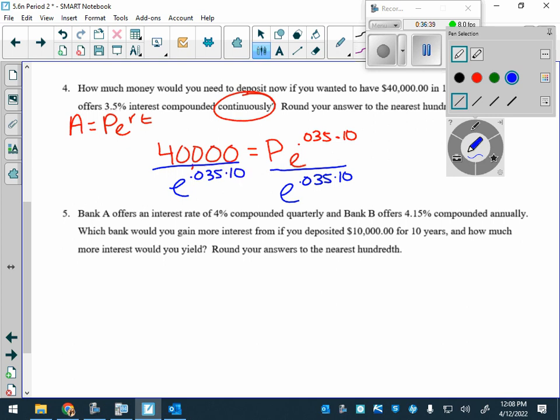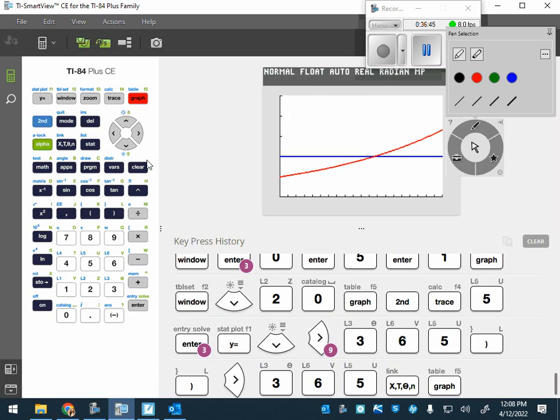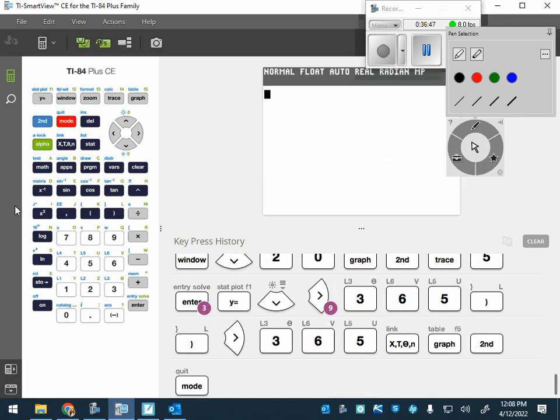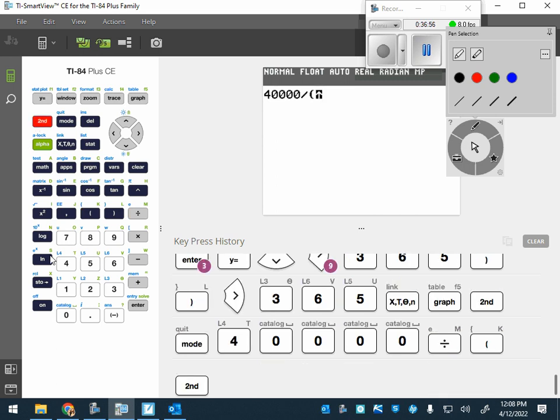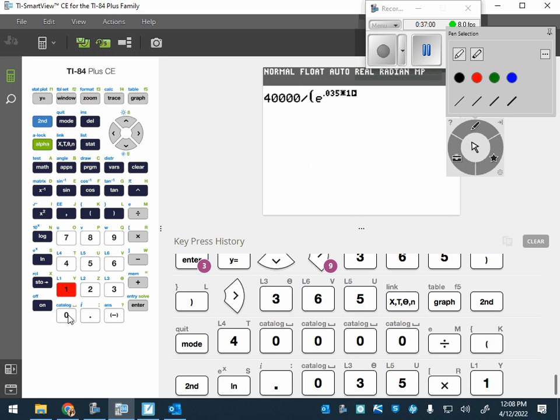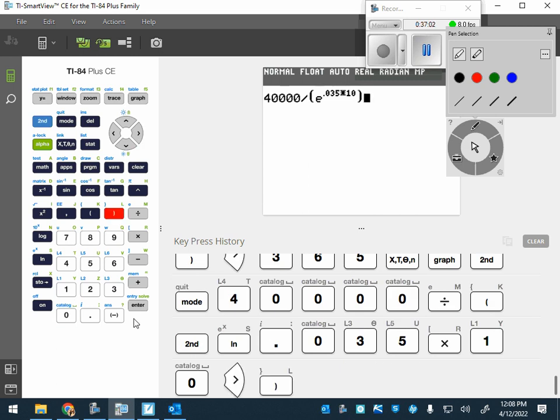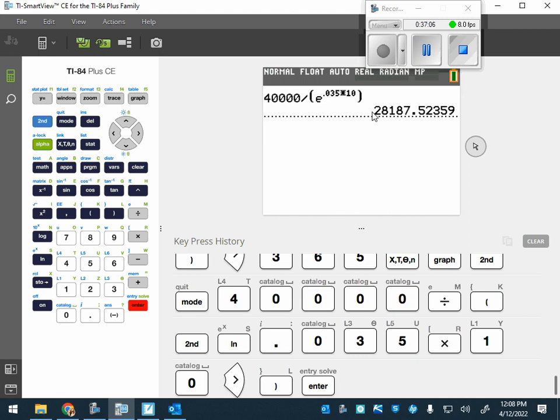Okay. So, I'll show you again 2 ways. The first way, we could literally do what we had on the board. 40,000 divided by parentheses e to the 0.035 times 10. Okay.